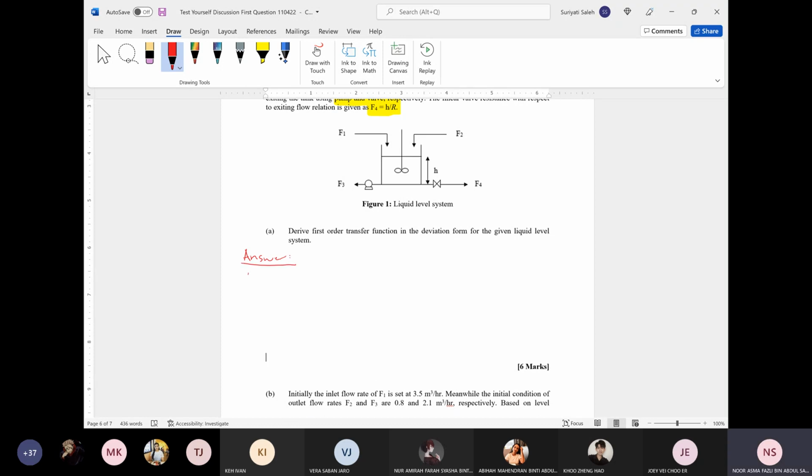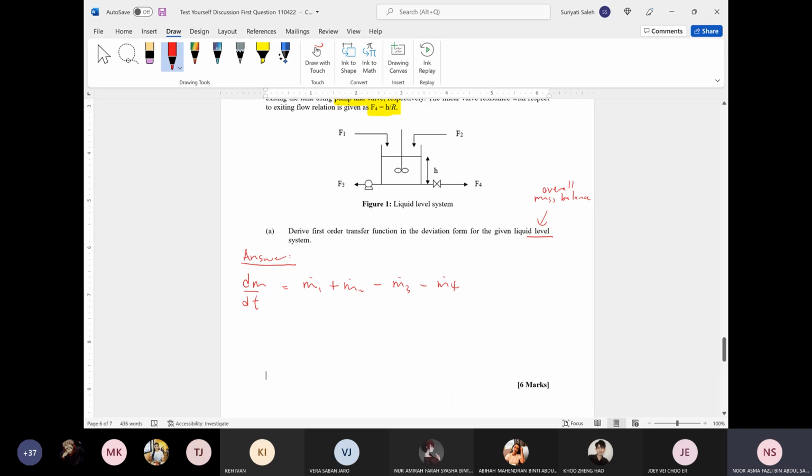Based on this, the answer: we start with dm over dt. In this case, it is liquid level, which means you need the overall mass balance. So do not confuse yourself with the derivation of energy or component balances. It's not required for this question. So dm/dt is m1 plus m2, to indicate the 2 inlet flow rates, minus m3 minus m4, where m is equal to density multiplied by volume.